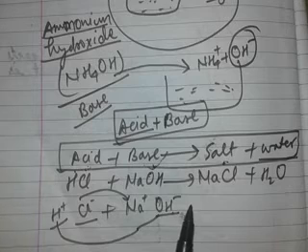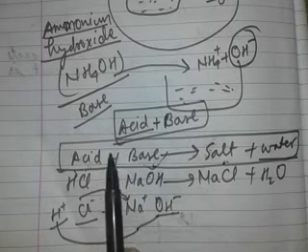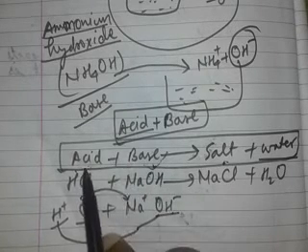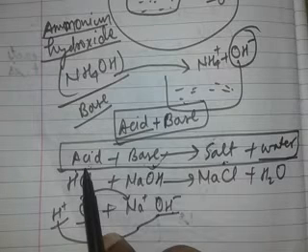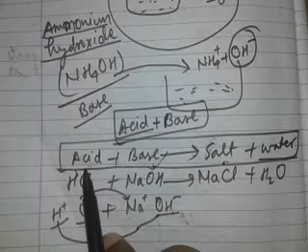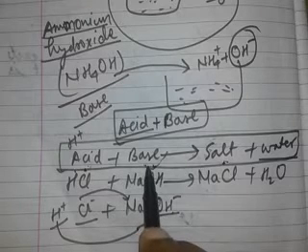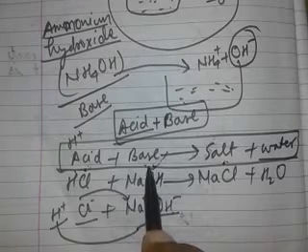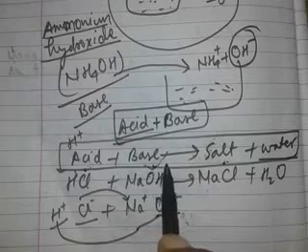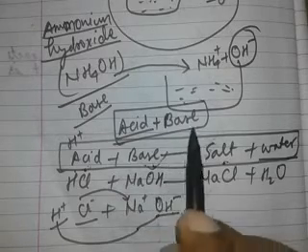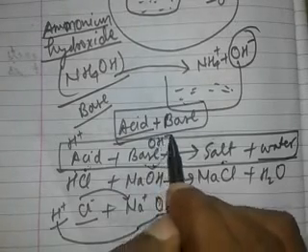But the basic definition of an acid and a base is that acids are those substances which dissociate in water and give hydrogen ions, and bases are those substances which dissociate in water and give hydroxide ions.